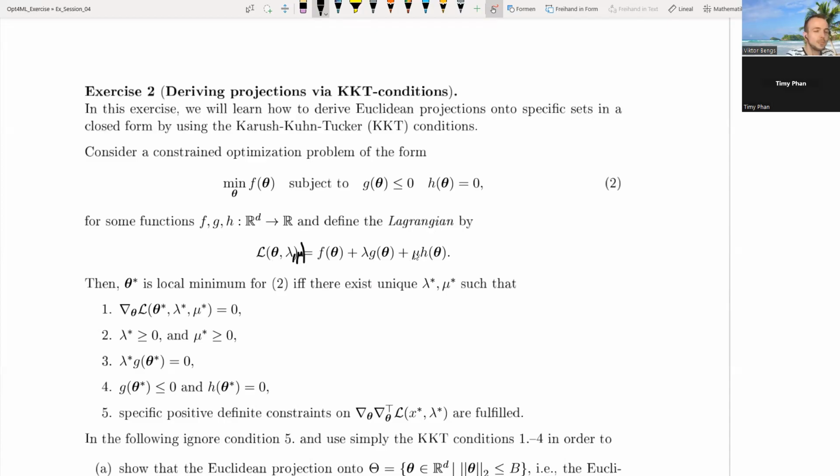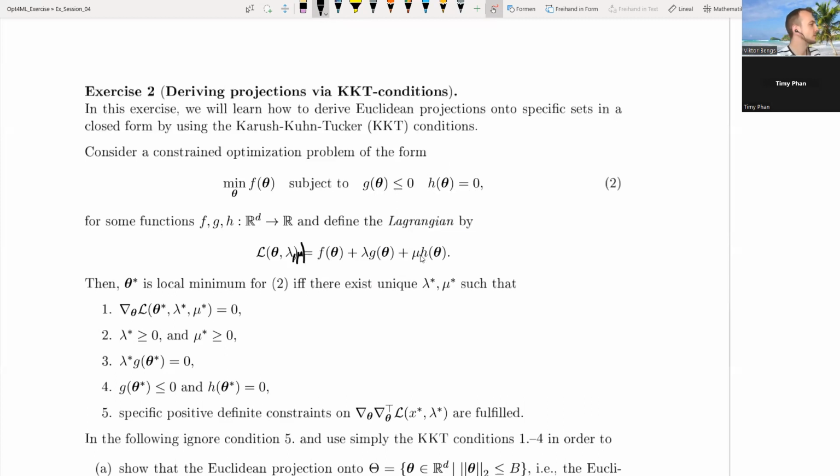And you can also consider the case where you have multiple constraint functions. Then you have multiple lambdas: for each inequality constraint function, 1 lambda, and for these strict 0 constraints, you have 1 mu value each.